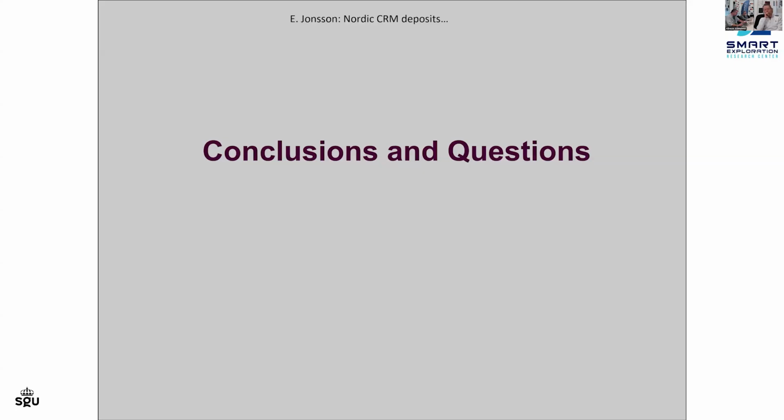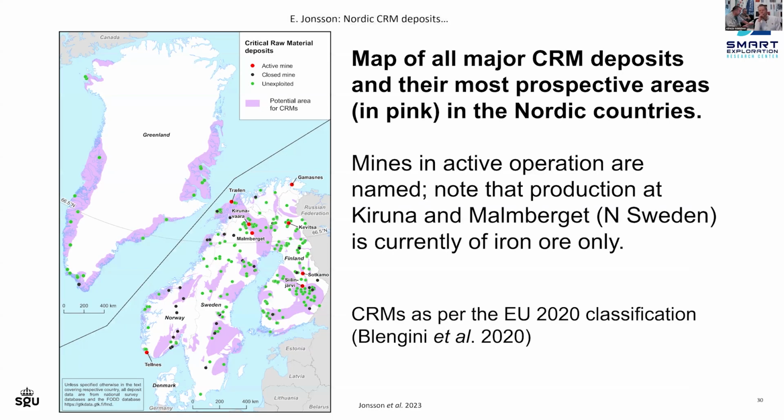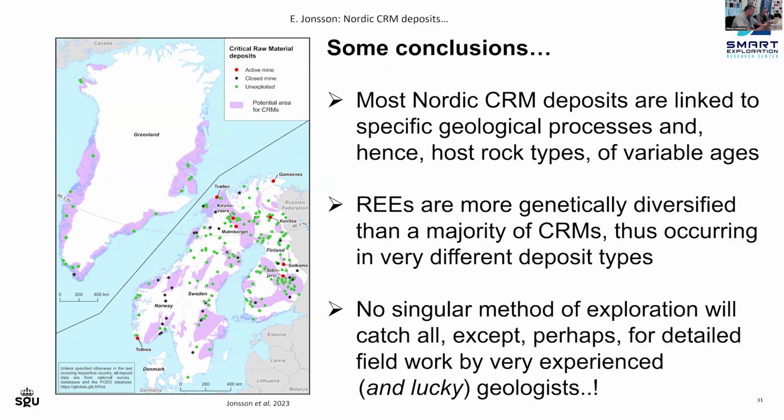So to try to finish off with a few conclusions, and I'll see whether we can have questions now or later. That will be up to Alireza here. But summing up these major critical raw material deposits, we can see we have this real diversity in the Nordic countries, including Greenland, but absolute most high abundance is, of course, in the well-studied areas in Sweden and Finland.